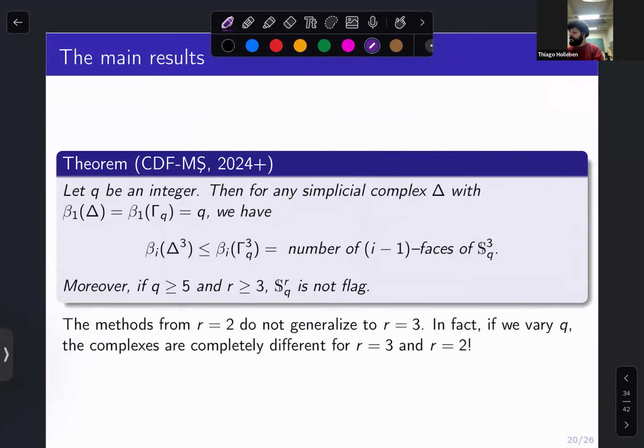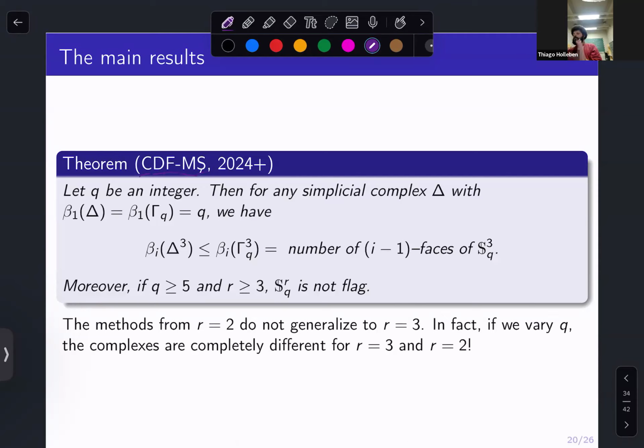So I'll first mention the result that we have, and then I'll move more into the results. I think I have pictures at the end of the ugly things that happen when you increase R and Q. So this is the main result, by Chau, Duval, Faridi, myself, Morey, and Şega.